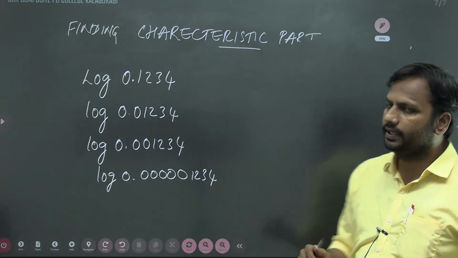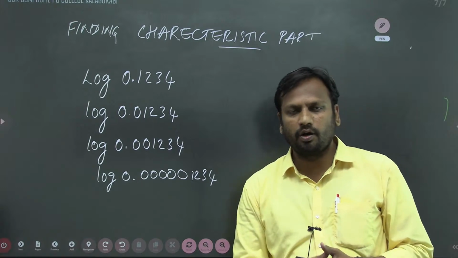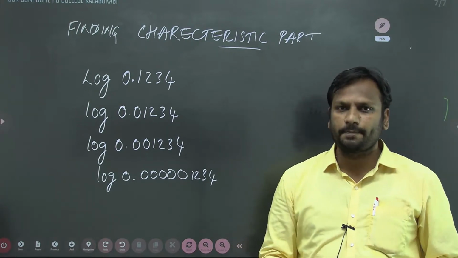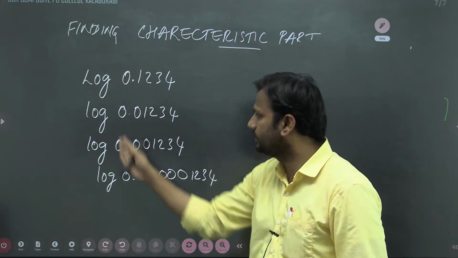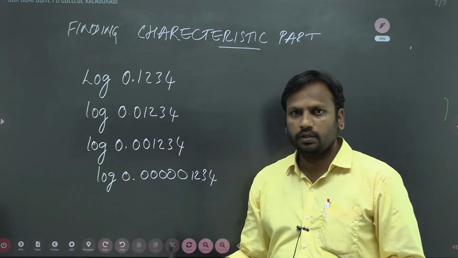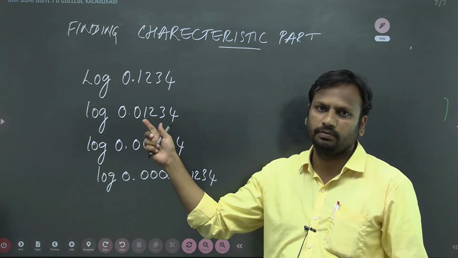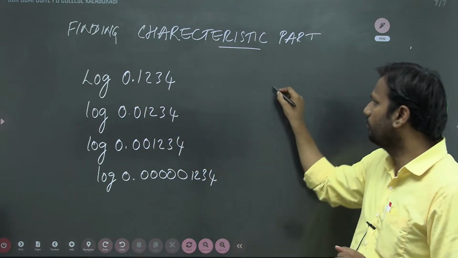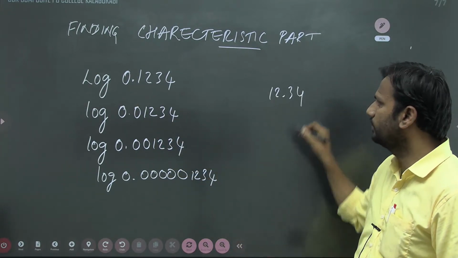So firstly, what I said: for the log of numbers, from the number of digits we have to subtract 1, but there are no digits here. How many digits is this value? No digit, we will say, right? If you say 12.334, it's a 2-digit number.